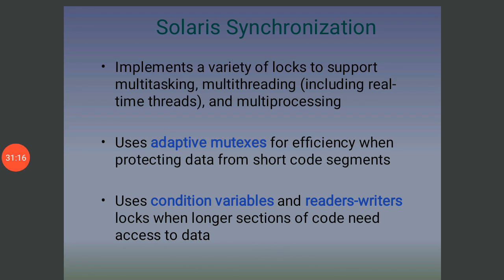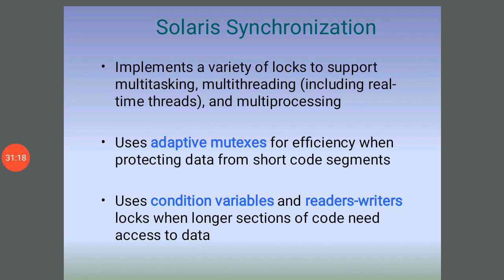Already we discussed that data is information. The database is a collection of related data, and the database management system is the organization of different types of data. So data plays the most important role, with condition variables and readers-writers locks when longer sections of code need access.